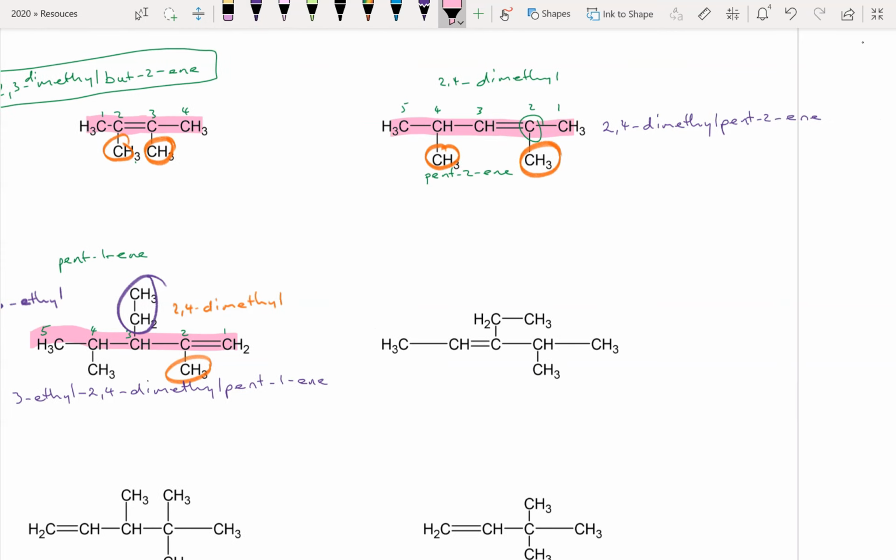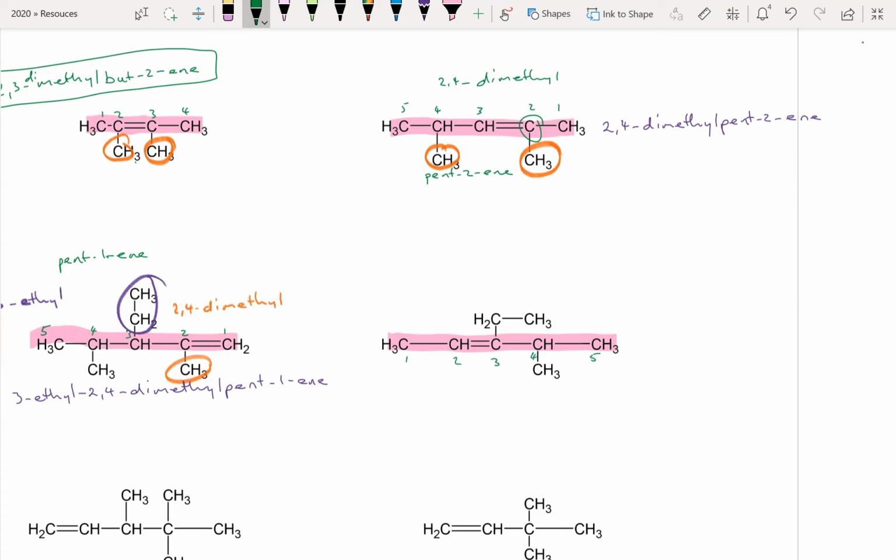Let's move across to the side. Let's find our simplest chain, including the homologous group, as well as keeping all the side chains attached to it. So we could go like that, but again, we wouldn't have all of the side chains attached to it. So we don't use that one. Straight across the guts here. And now all the side chains are attached. We number it, remember, so that our functional group has the lowest possible number.